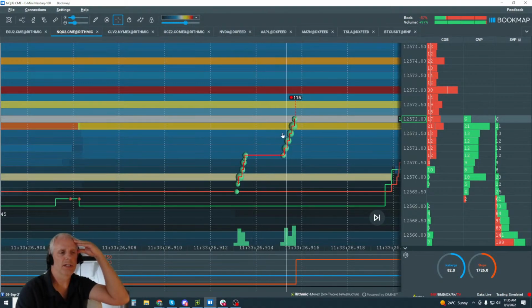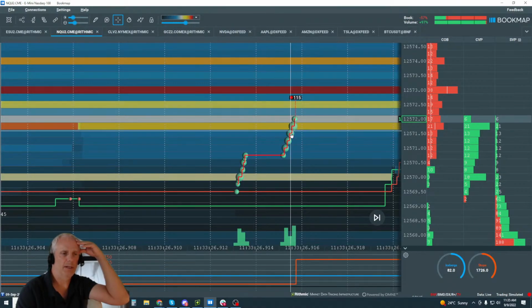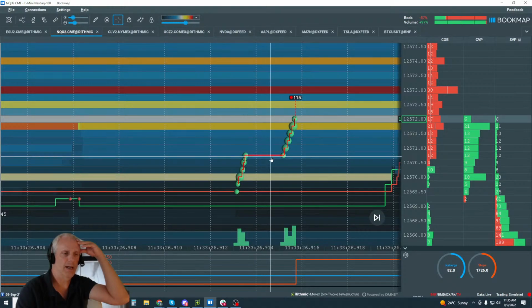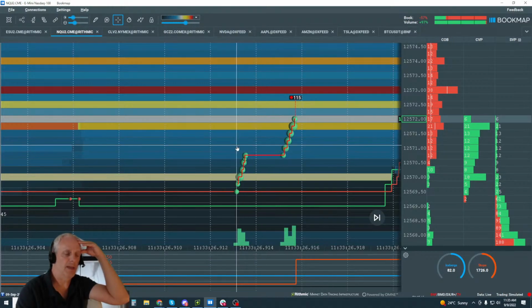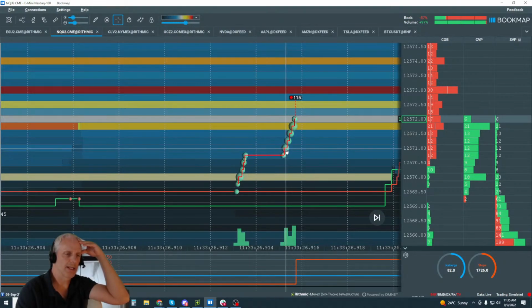All right, you'll see different stop runs. In fact, let's suppose that red line initiated up here, and then it filled 115. Well, this would be the aggressors charging up through that area, and they may be hitting stops along the way, but then the stops start to transact.